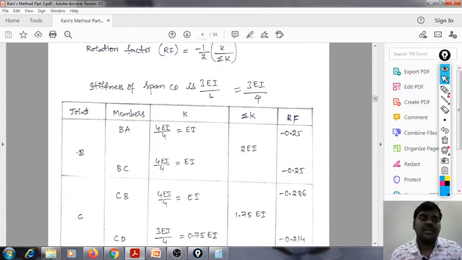Considering joint B, we have the members BA and BC, with stiffness 4 EI by L, that is EI and EI, and sigma K is the summation, that is 2 EI. The rotation factor is solved using minus 1 by 2 into K by sigma K. Remember these formulas; the stiffness is taken from the moment distribution method and also from Kani's method, though the tabular column in Kani's method is somewhat different.